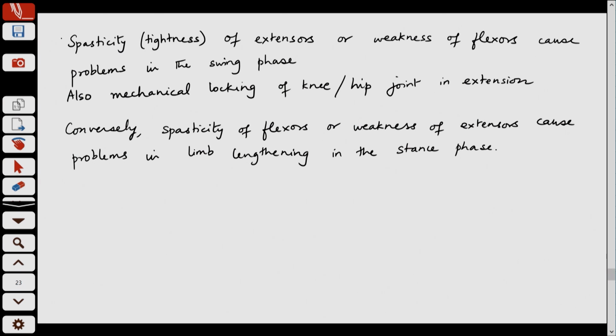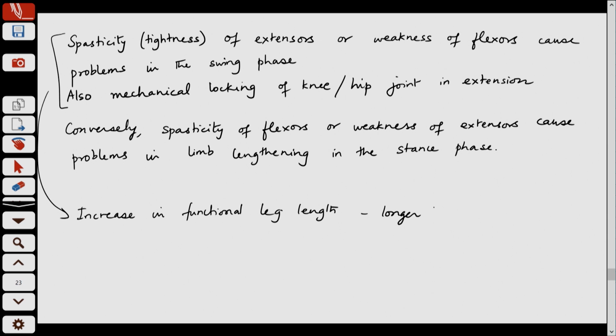This can happen. So, sometimes there is an increase in the functional limb length. So, this is a case of increase in functional limb length, right. It is longer than necessary. Longer than necessary in swing.